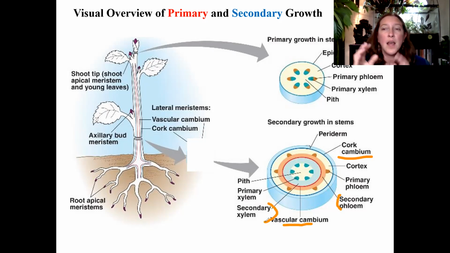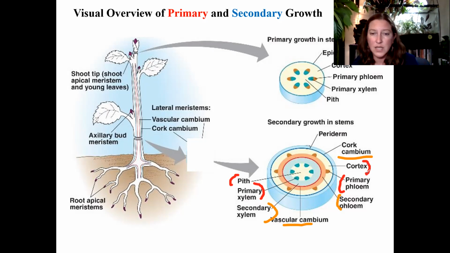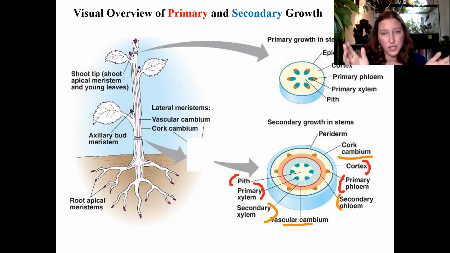Notice you still see some of this, like you still see primary phloem, you still see primary xylem and pith and cortex, which are all primary tissues. The reason why you're seeing a combination of primary and secondary tissues in one part of the stem is because in order to go from primary growth to secondary growth, you're going to have a transition.